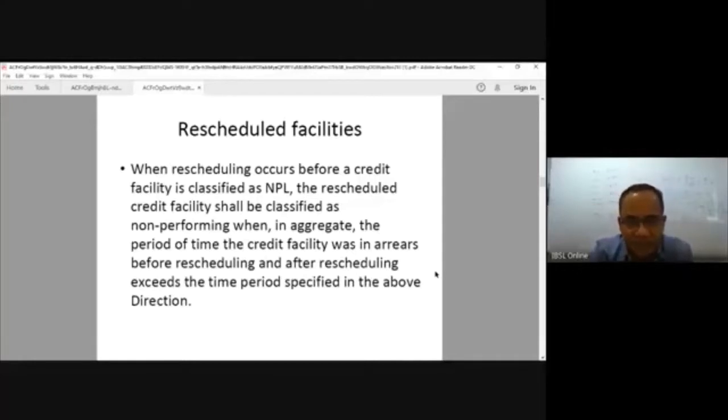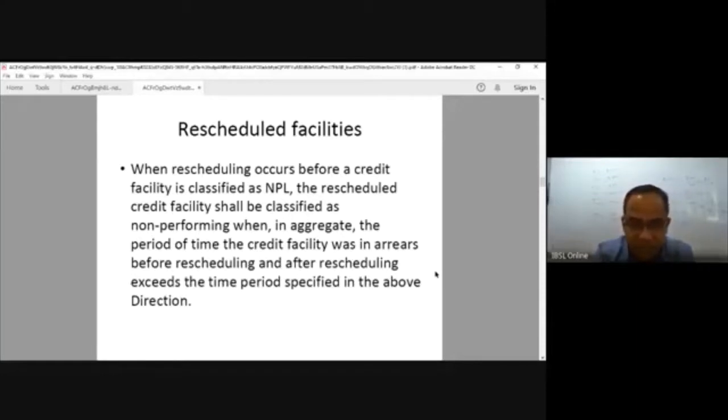So when rescheduling occurs before a credit facility is classified as NPL, the rescheduled credit facility shall be classified as non-performing when in aggregate the period of time the credit facility was in arrears before rescheduling and after rescheduling exceeds the time period specified in the above direction.